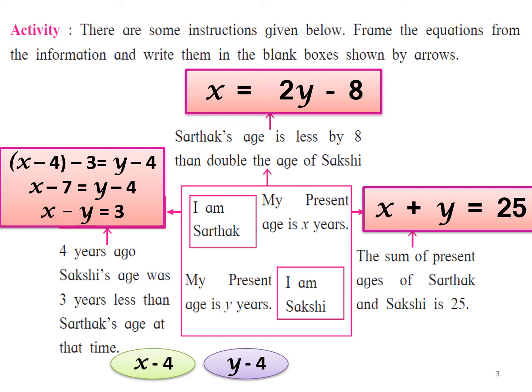Double the Sakshi's age means 2 into y, and it is also less by 8, that is minus 8. Don't get confused in the activity sum. We are going to do many more sums in the coming exercise. So as and when we are solving, you will understand how to convert the written statement into an equation form.